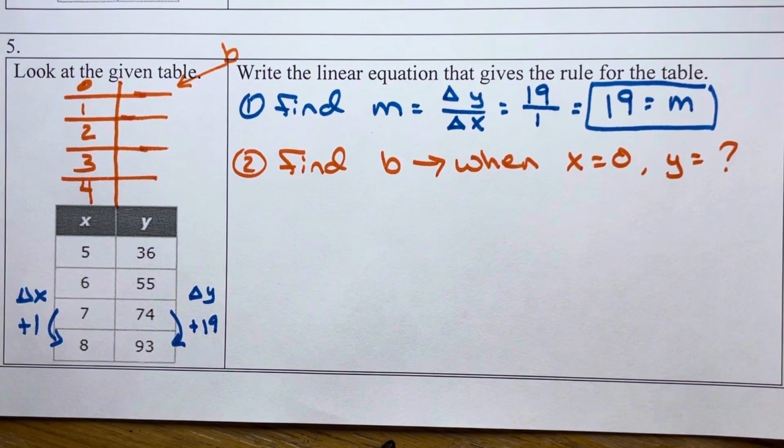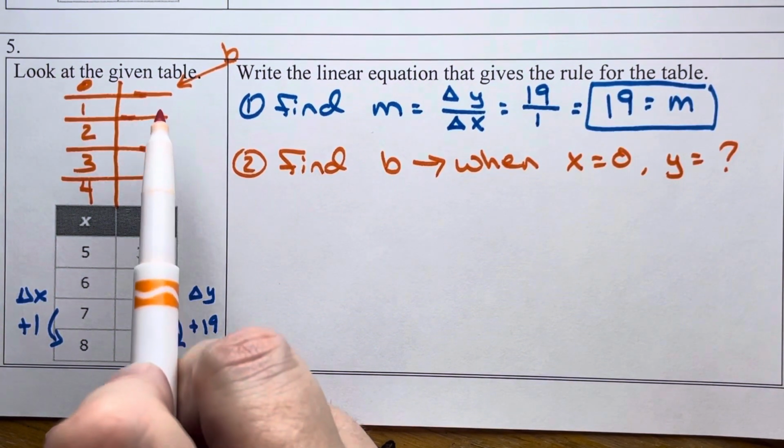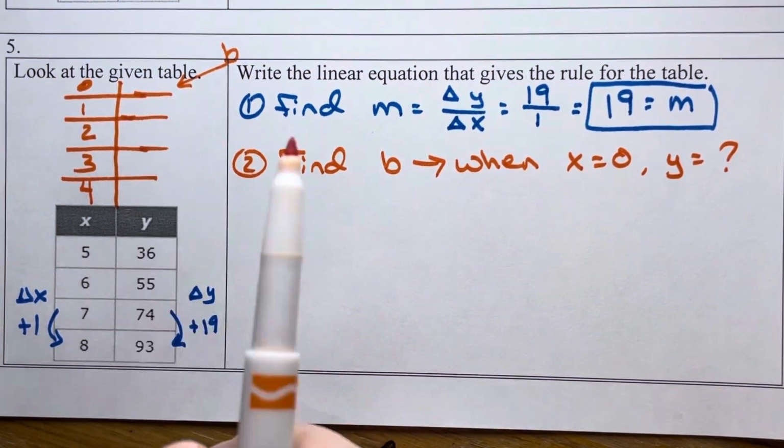Let's do that. So our pattern had us using 19 on the y side of the table. So we're going to use that 19 to walk us all the way backwards.